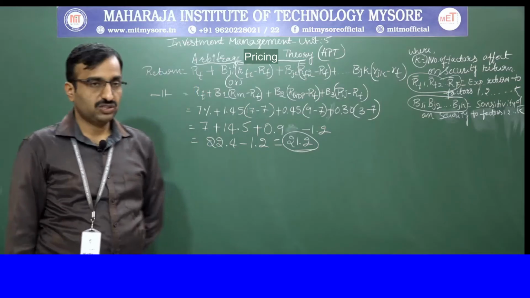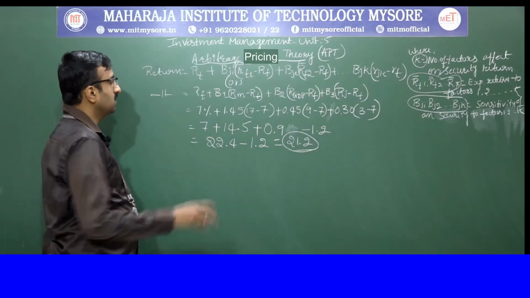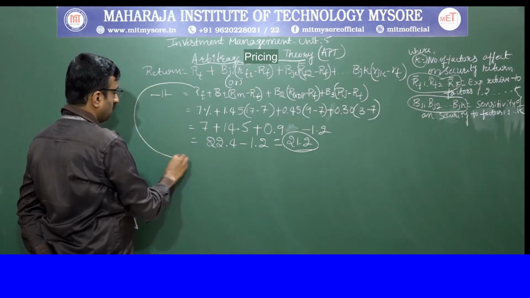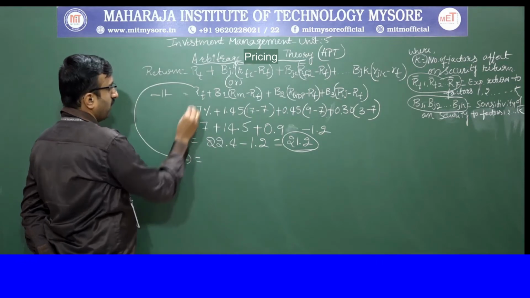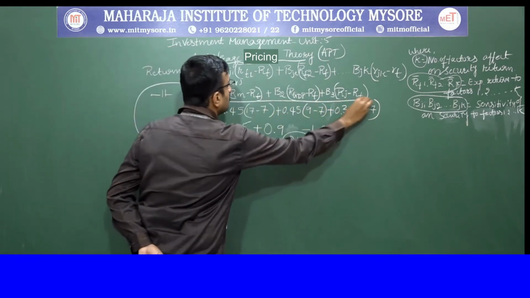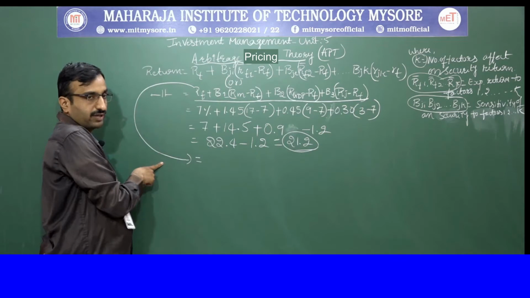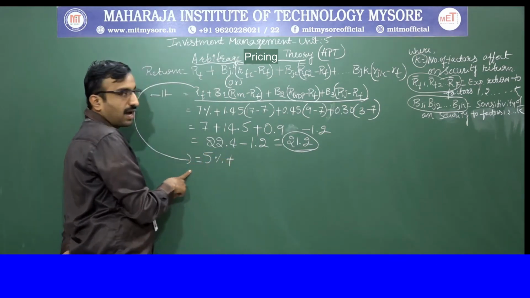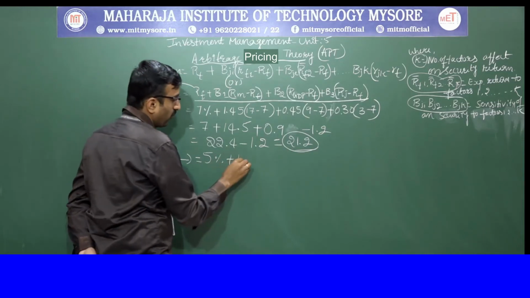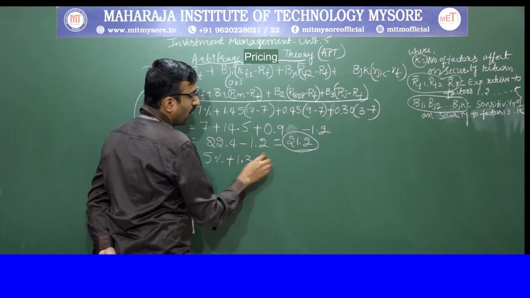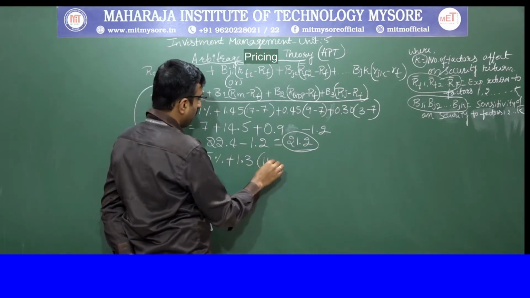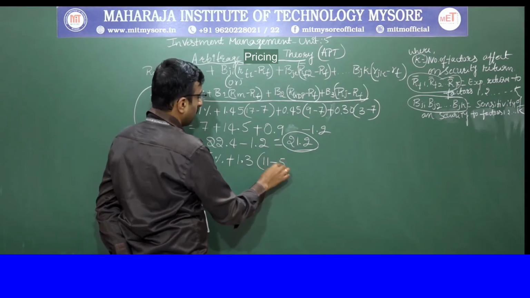They have mentioned. Okay, so you can take the same formula here, same formula you take. RF they have given, it is 5%. Beta 1 is 1.3 into RM, market return they have mentioned it is 11, and risk free return is 5.